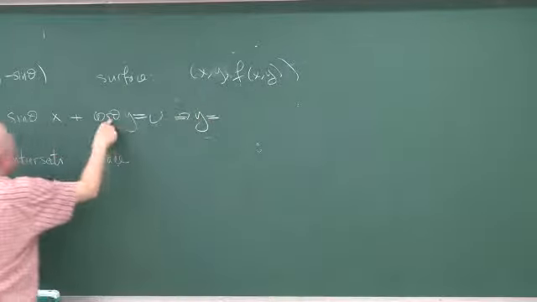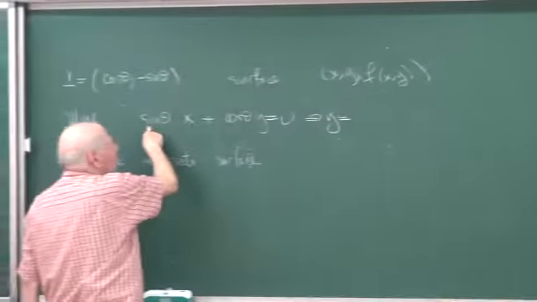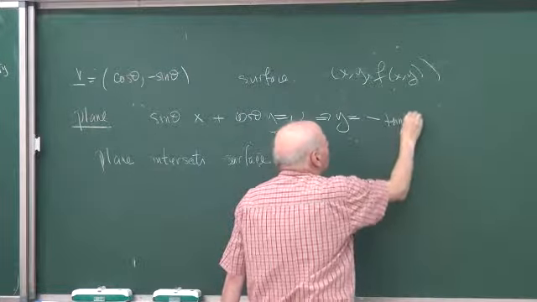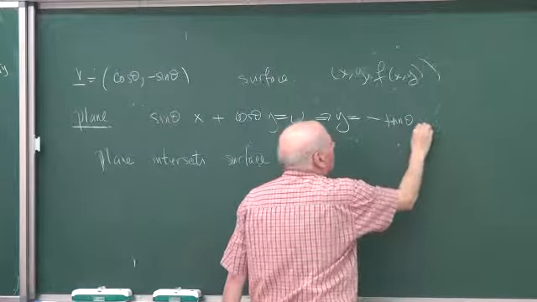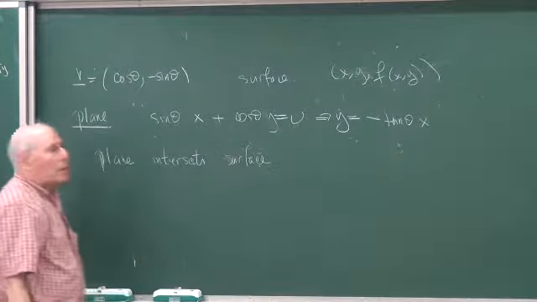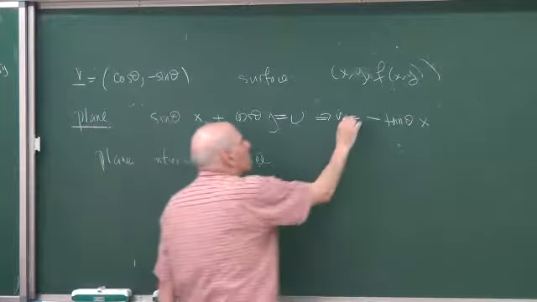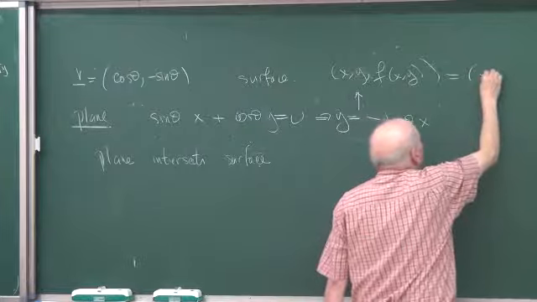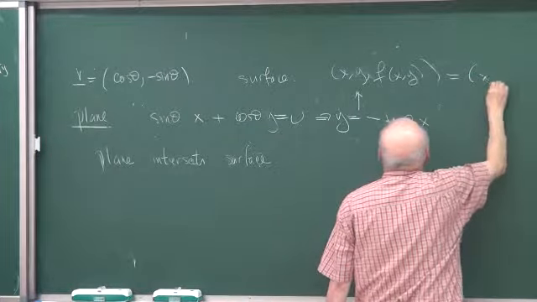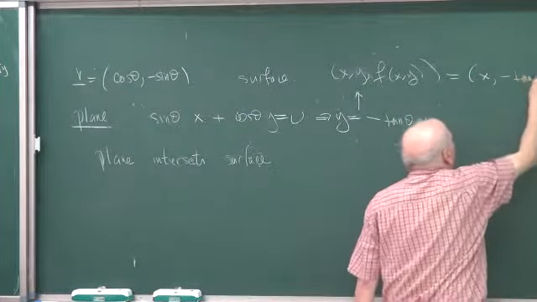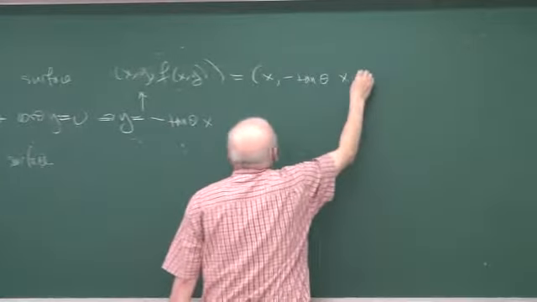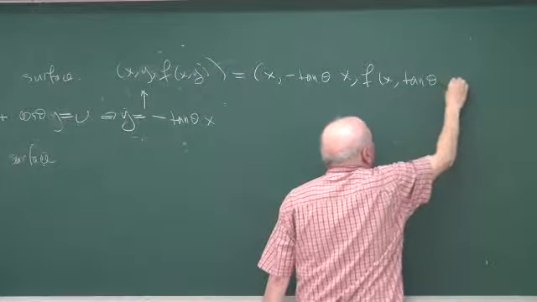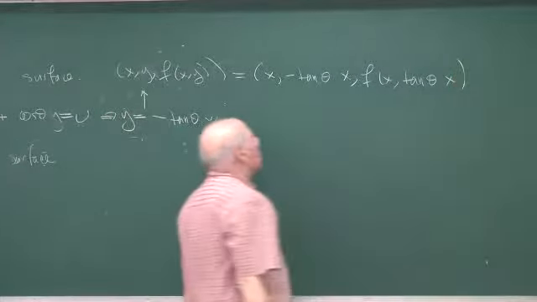If I don't make a mistake, dividing through by y gives me tangent theta, and moving it to the other side gives y equals minus tangent theta times x. Now I substitute in. So the intersection, which is x, y, z, is x, minus tangent theta times x, and f of x, minus tangent theta times x.